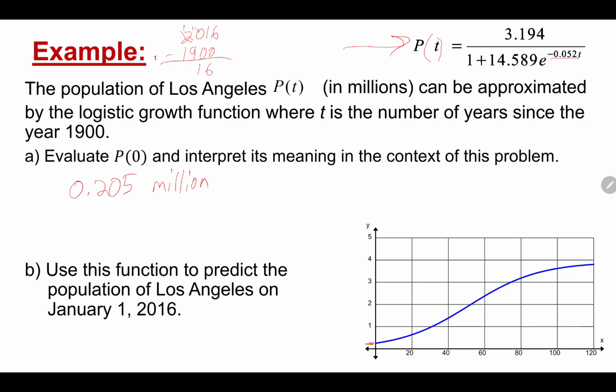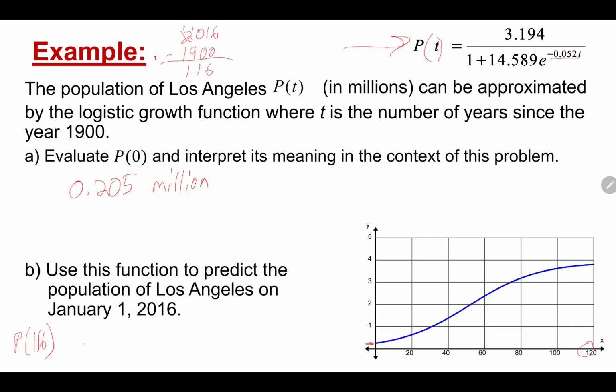So this is P of 116, right? And that tells us we're somewhere over in this area. And our modeling has something just less than 4 million.